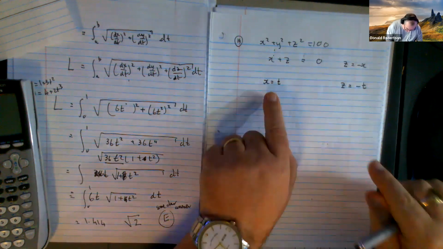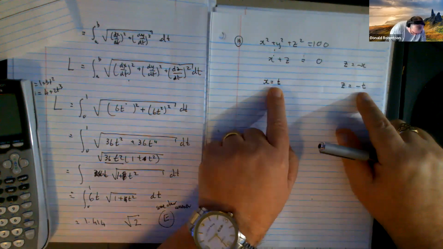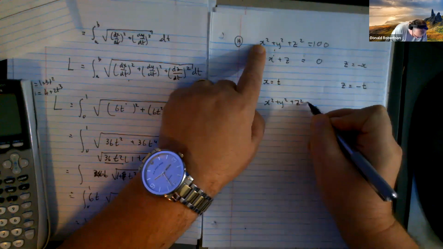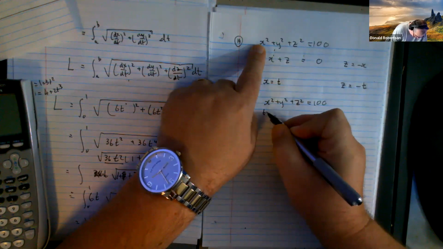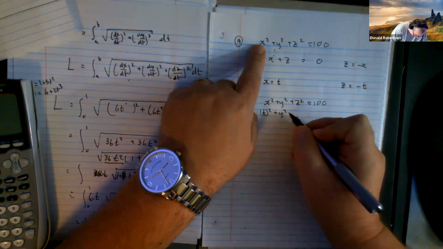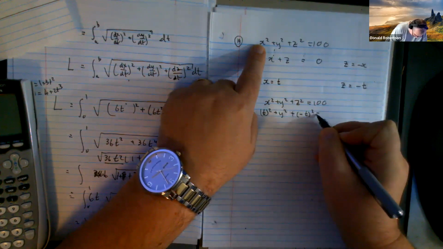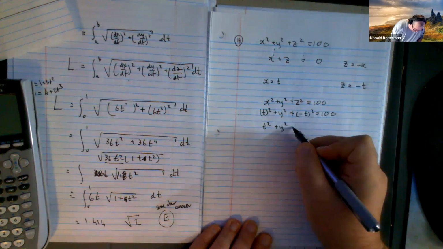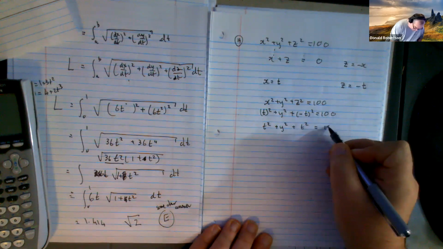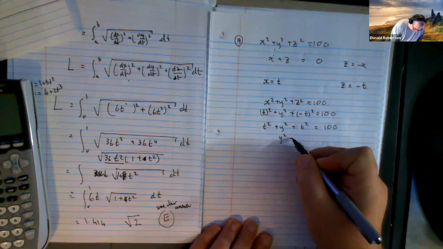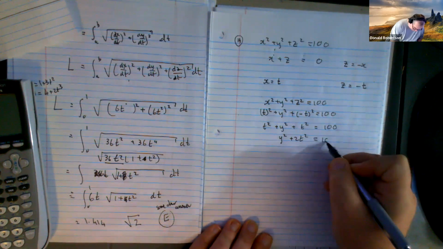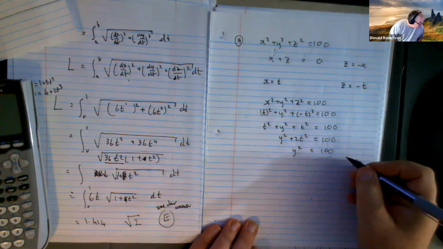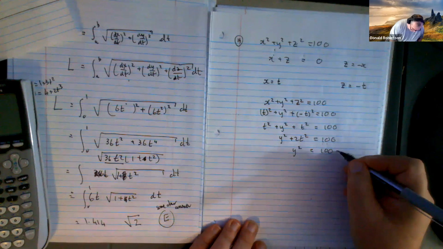Now, since I know what x is in terms of t and z is in terms of t, can I now go here and replace the x with a t and the z with a -t and get t squared plus y squared plus t squared is 100. So y squared plus 2t squared is 100. So y squared is 100 take away 2t squared.